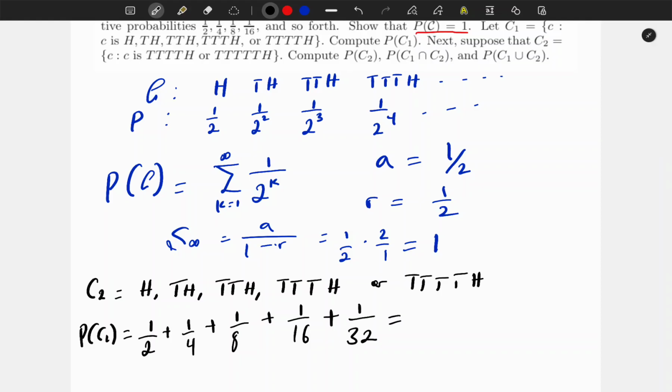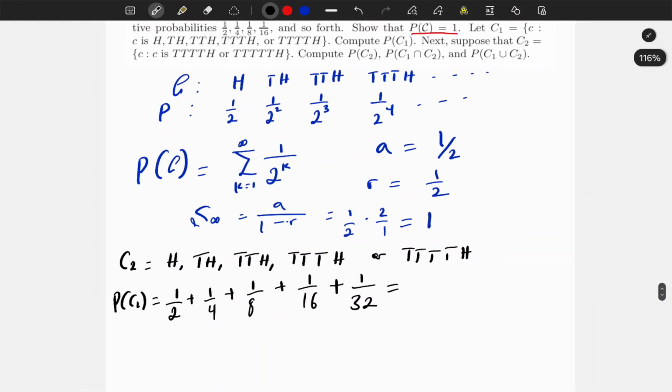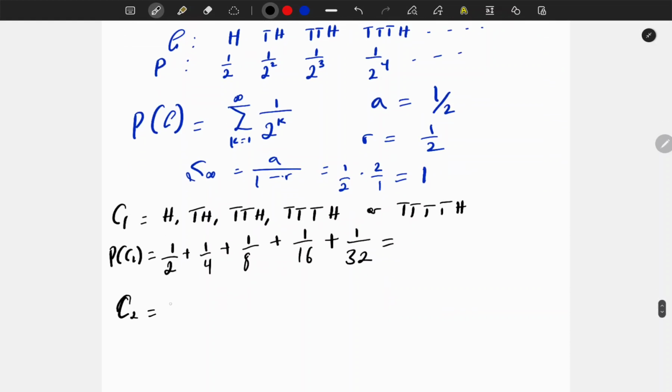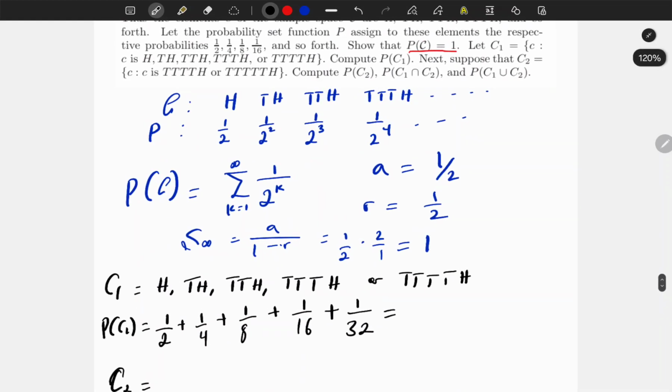Alright, and then for C1, sorry, this should be for C1. Then for C2, what do we have?